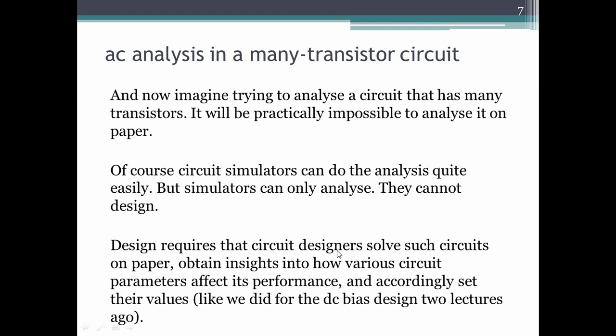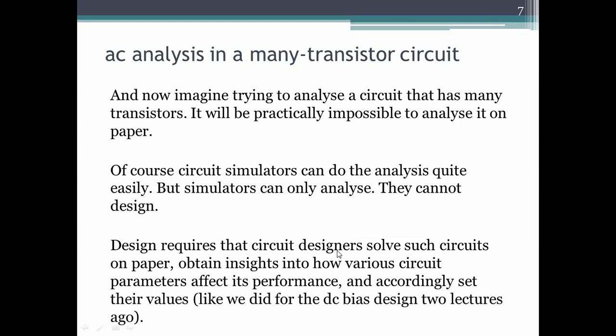Of course, I should qualify. In fact, the world works on digital circuits, and practically all digital circuits are designed by software tools, by simulation tools. And therefore, this statement that humans are needed to design circuits is actually not correct for digital circuits, but it is very correct even today for analog circuits.